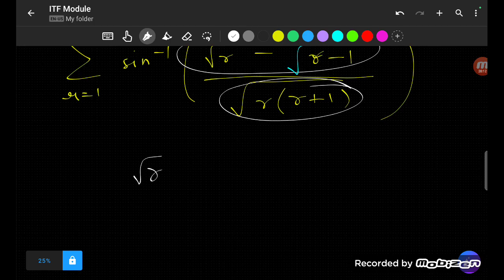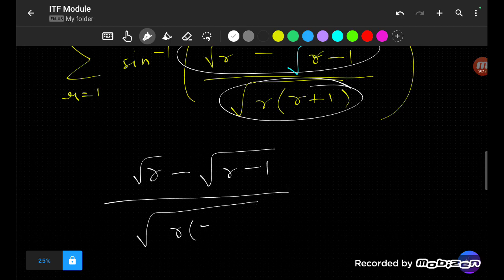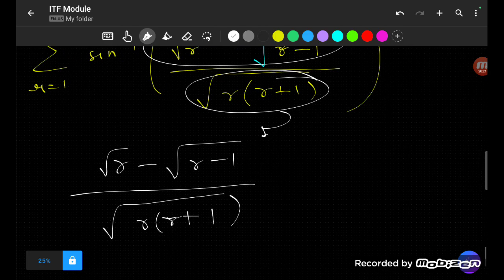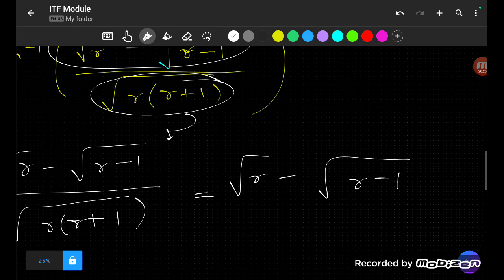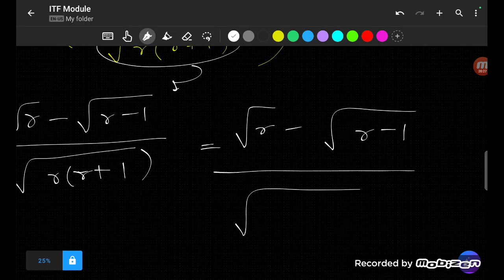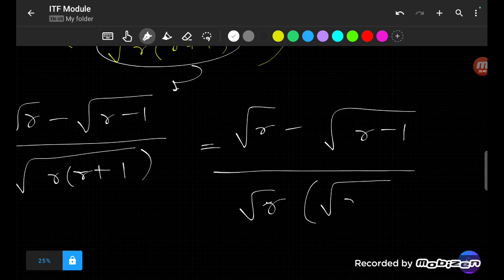So we have root r minus 1 upon under root r times r plus 1. Right, so if you look at it, how do you simplify this? How are you supposed to simplify the root r square plus r? So this is essentially the multiplication of root r into root r plus 1.